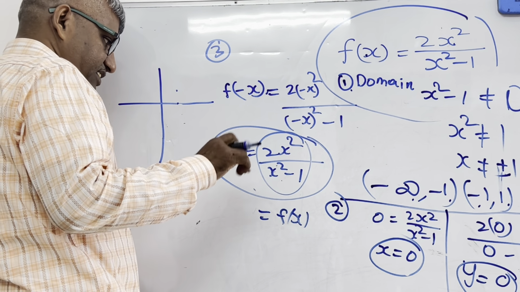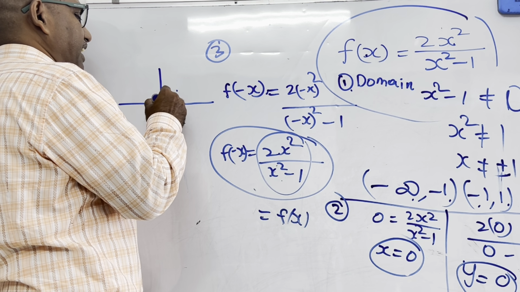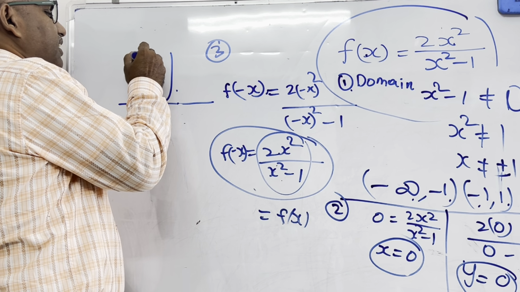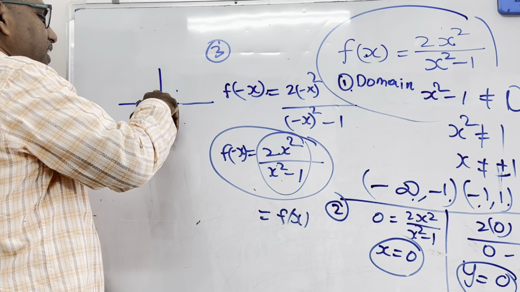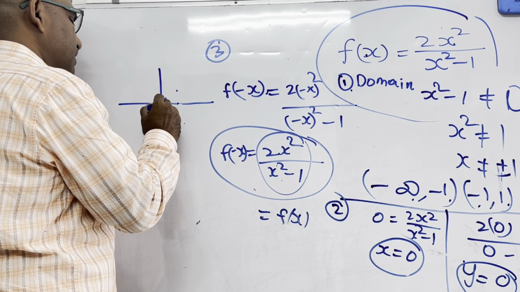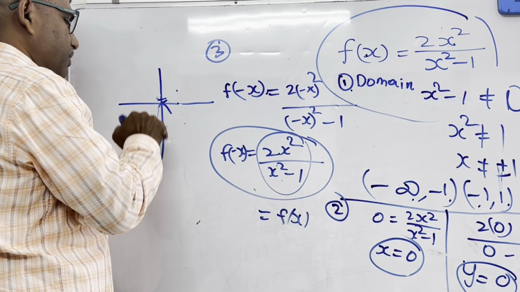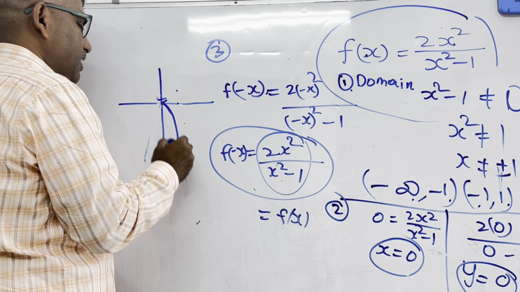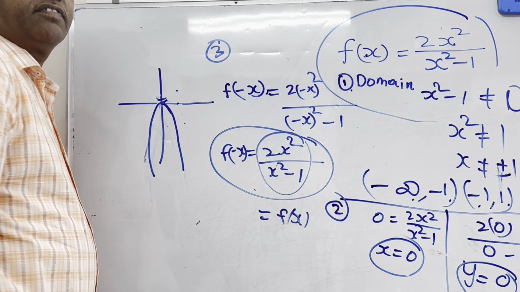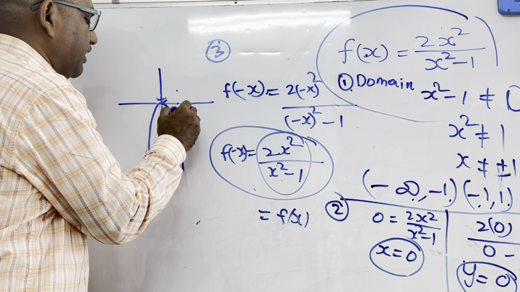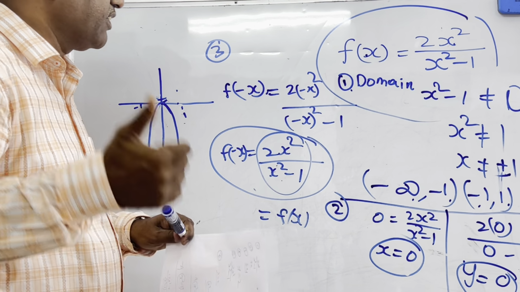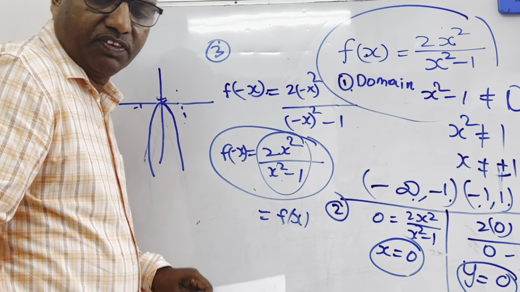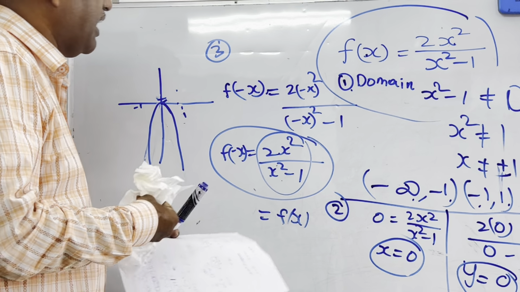Third, it is an even function. Suppose the curve is like this, then this part automatically is like this. But at 1 and at minus 1, there are no values. Okay, got it? Next. Until now, note it down.